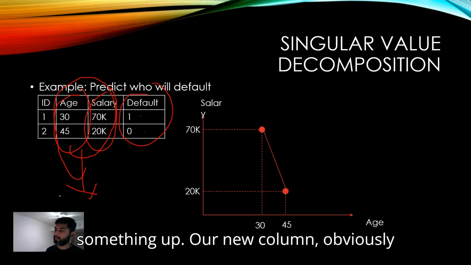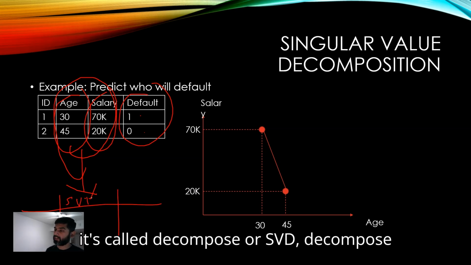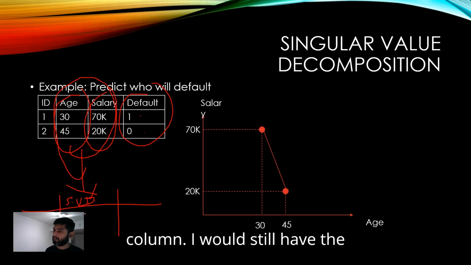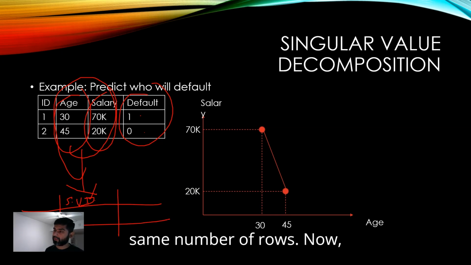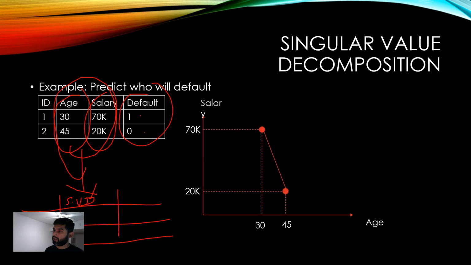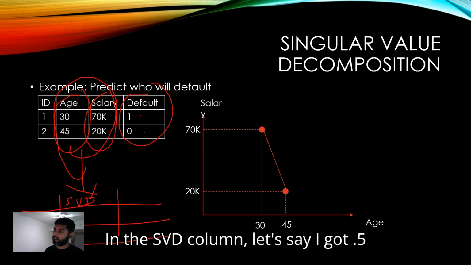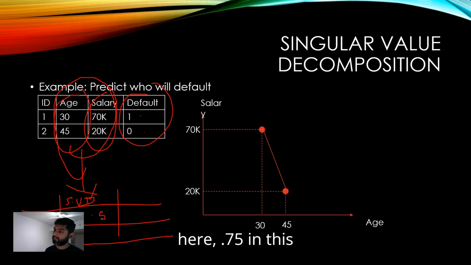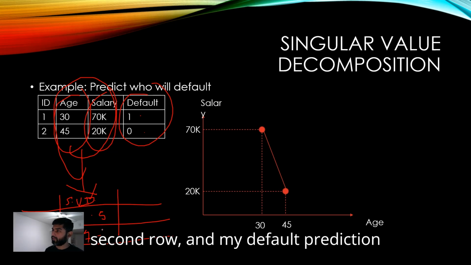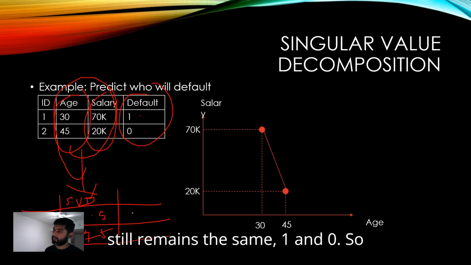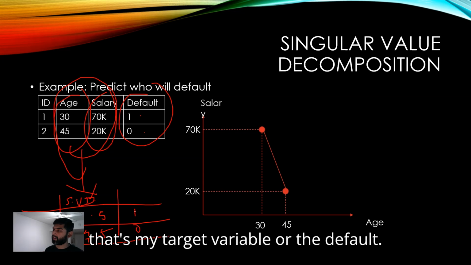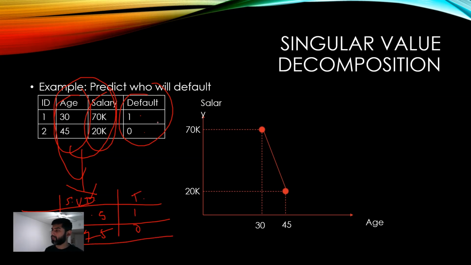Let's say we make something up. Our new column is called the decomposed or SVD column. I would still have the same number of rows. Now, in the SVD column, let's say I got 0.5 here, 0.75 in this second row, and my default prediction still remains the same, 1 and 0. So that's my target variable or the default.